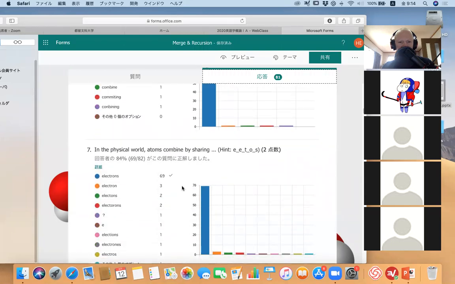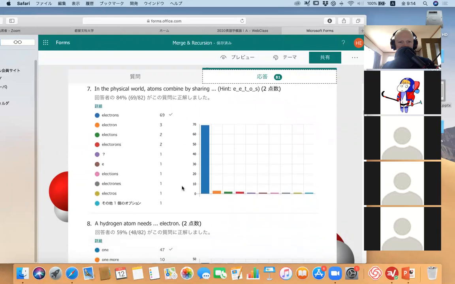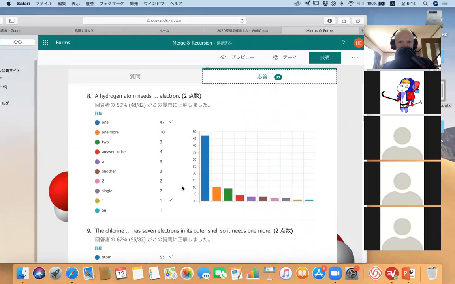Check out the hint, right? So electrons, yes. Hydrogen atom needs, yeah. This is a bit sort of unfair, maybe. It actually does need two, right? It needs two altogether. So maybe I'll change that to allow two, because it does need two actually, but it needs one more, right?